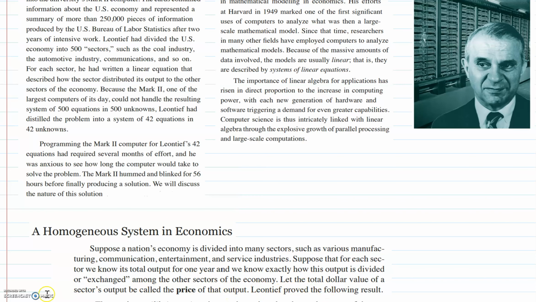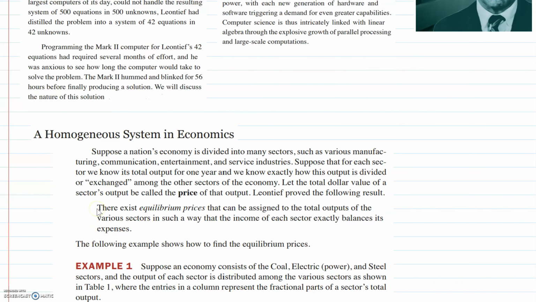Leontief proved the following result. He proved there exist equilibrium prices that can be assigned to the total outputs of the various sectors in such a way that the income of each sector exactly balances its expenses. Doing this, you will have a smooth, well-running system.